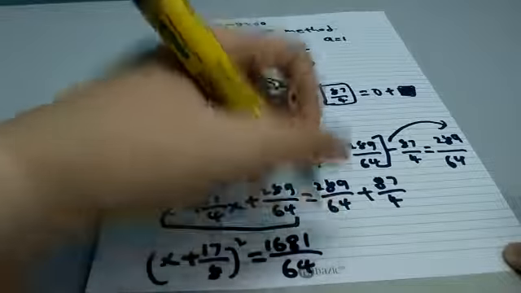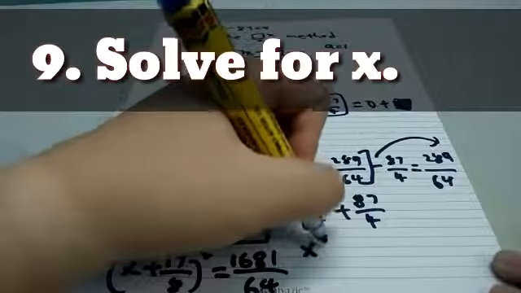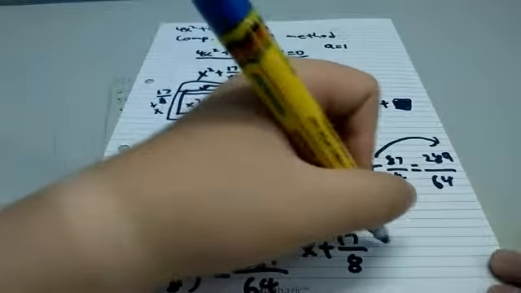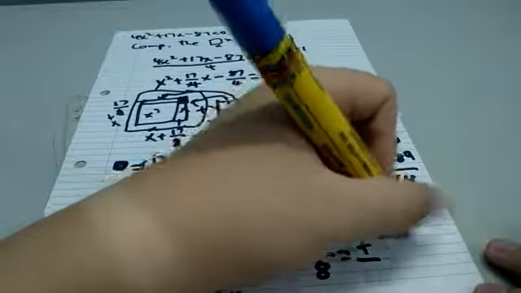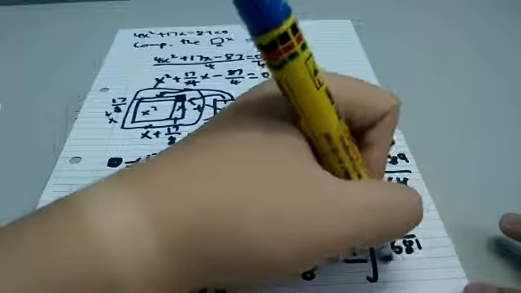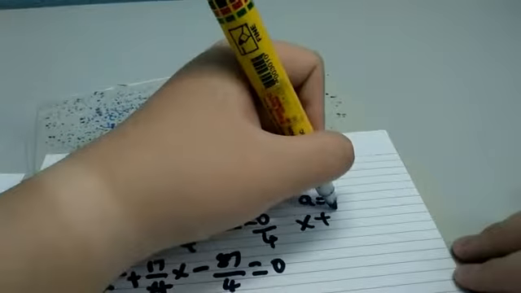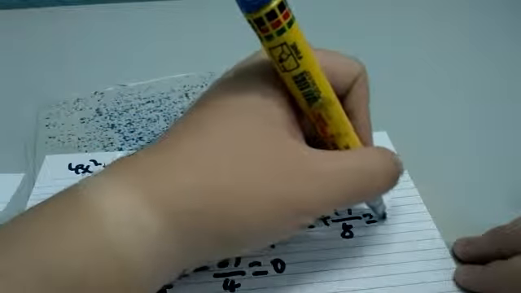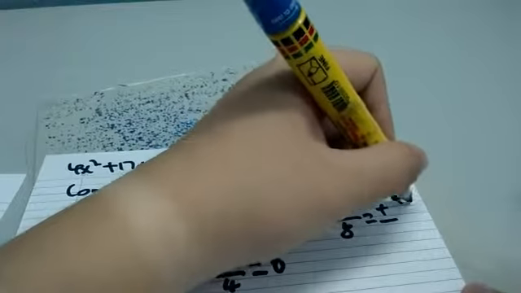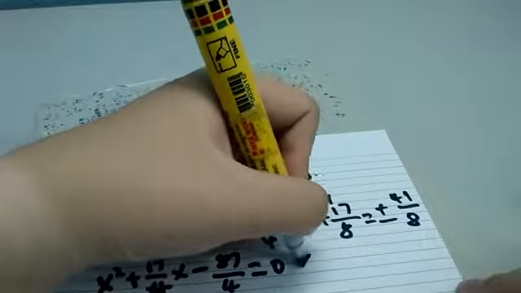1681 over 64, and then we will take the square root, so we will have x plus 17 over 8 equal to plus minus the square root of 1681 over 64, and then we will simplify this down, so we will get x plus 17 over 8 is equal to plus minus 41 over 8, and then we now try to solve.